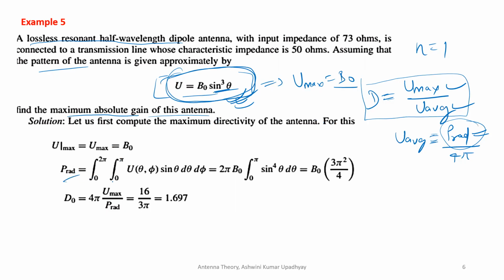So P rad will be given as the integral over theta and phi. If you put this and solve, you will get your expression of P rad as this. And by putting this in this formula, we get our directivity as this, which will have the value of 1.697. So this will be nothing but your value of gain or maximum absolute gain because efficiency is 1.